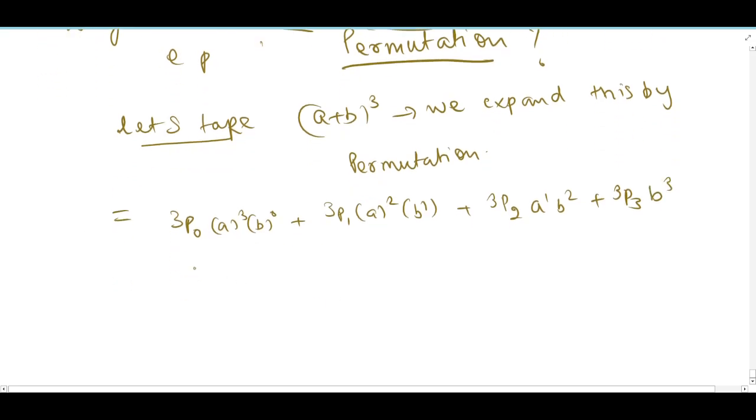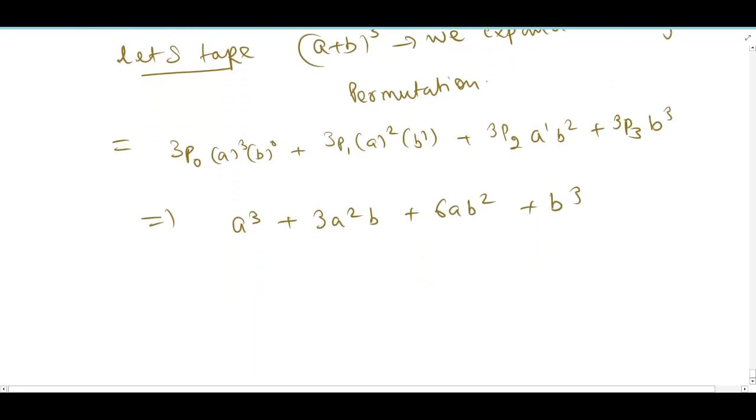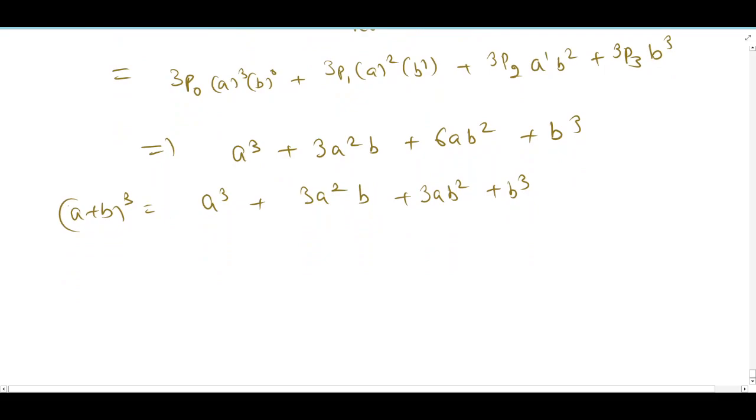So after expansion through permutation, we get a cube plus 3a square b plus 6ab square plus b cube, and by normal repeated multiplication we get (a plus b) whole cube is a cube plus 3a square b plus 3ab square plus b cube.